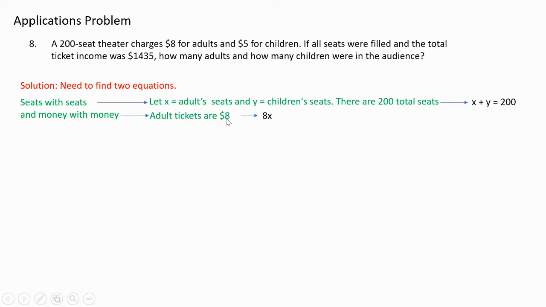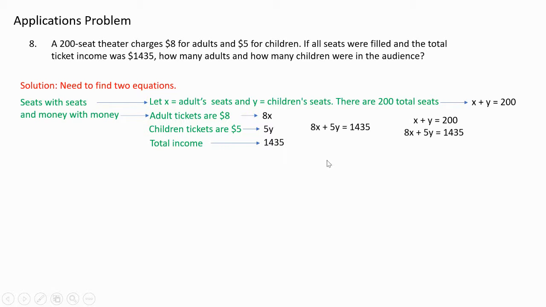In a similar manner, children's tickets are $5, so that's going to be 5y. And what's my total revenue? My total income is 1,435. So then it's going to be 8x plus 5y equals 1,435. So I already found both equations.